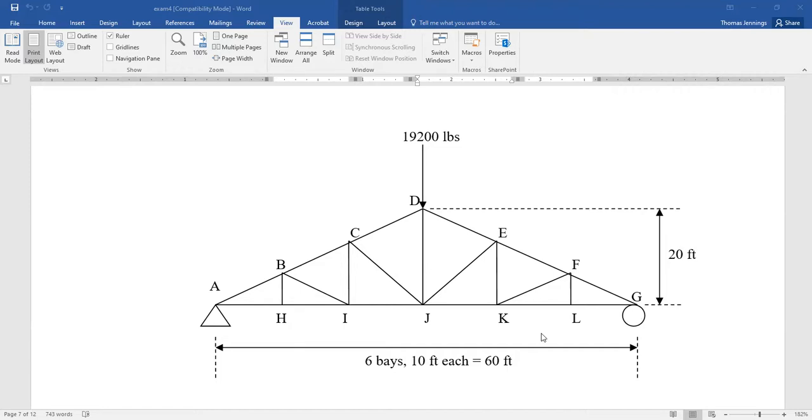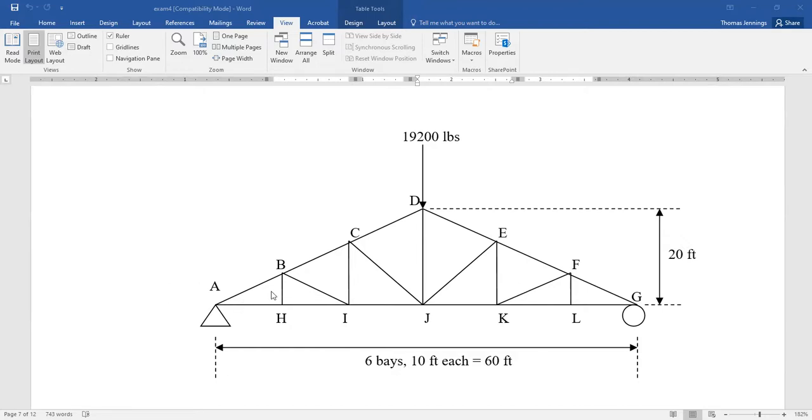I've got 9,600 pounds at A. Each bay is 10 feet. So I'll label that 10 feet and 10 feet there if that comes in handy.